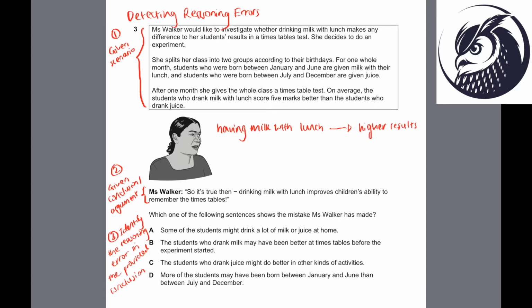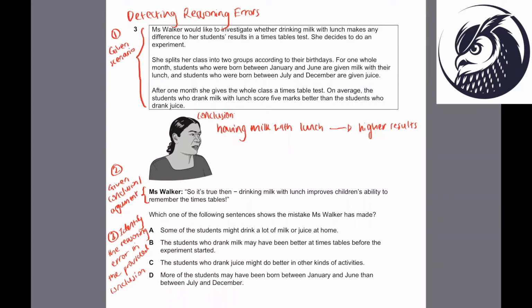That is the conclusion that Ms. Walker has come to based on her experiment. What we now need to do is find the flaw in her reasoning or any assumption she's made when coming to this conclusion, right? So I might just write here conclusion so you guys know that that is the conclusion, okay?